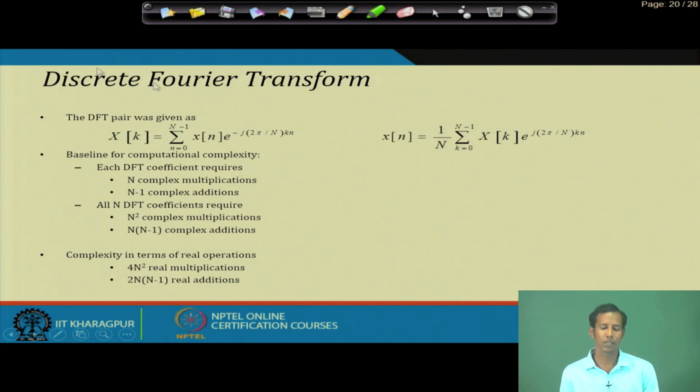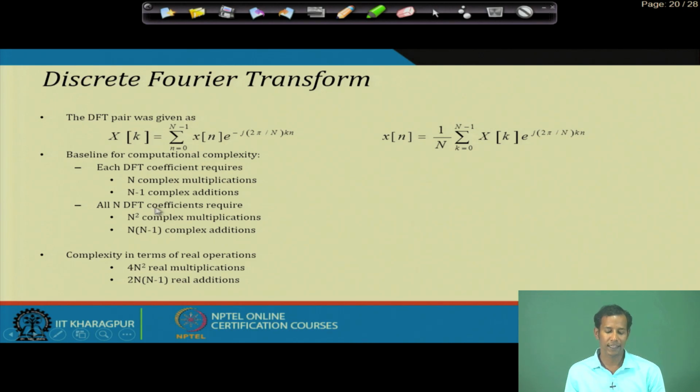Fourier transform started with this DFT, and when people tried to design the DFT, the baseline computational complexity requires n complex multiplications and n minus 1 complex additions for one n point DFT.